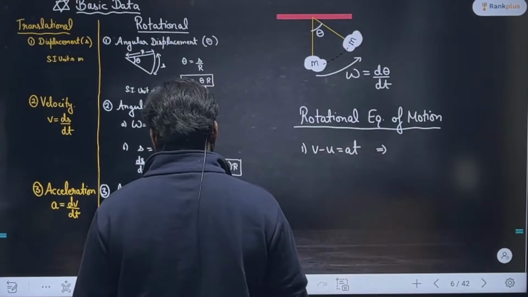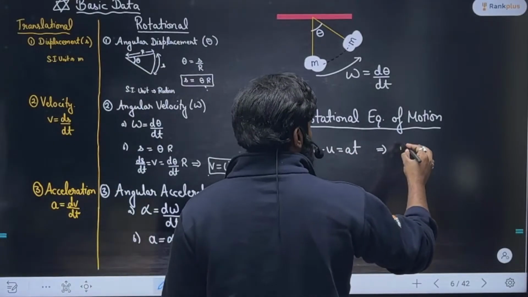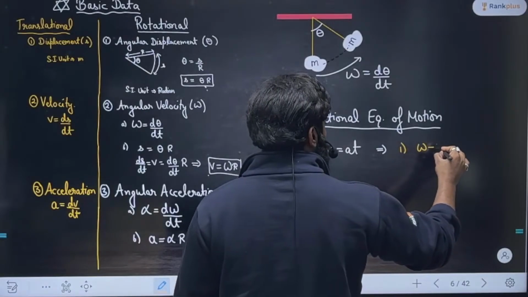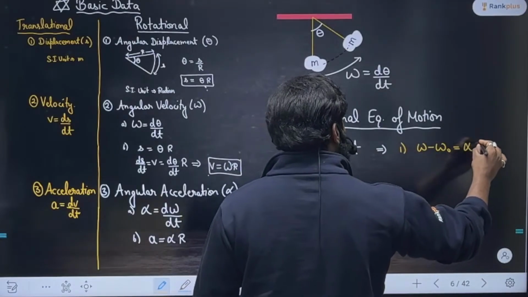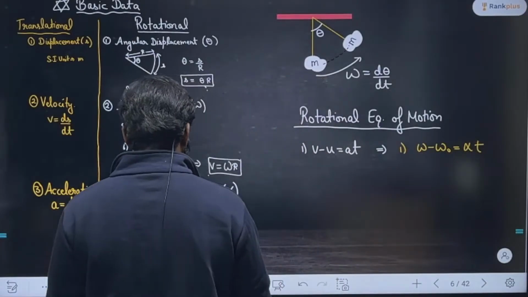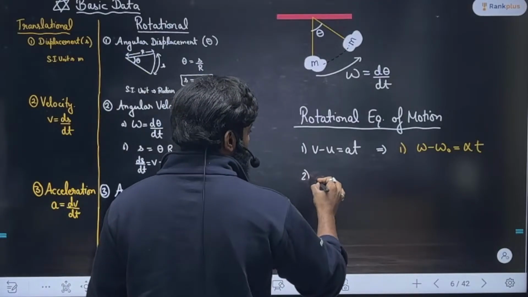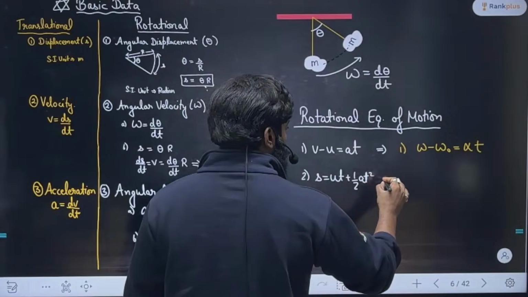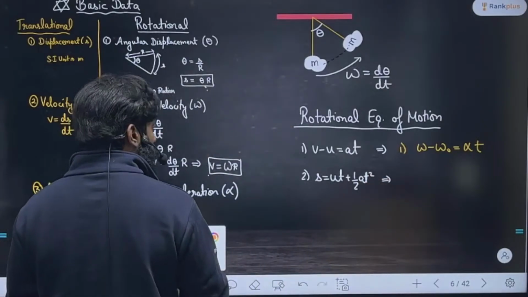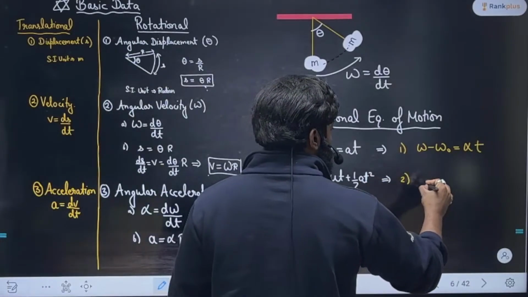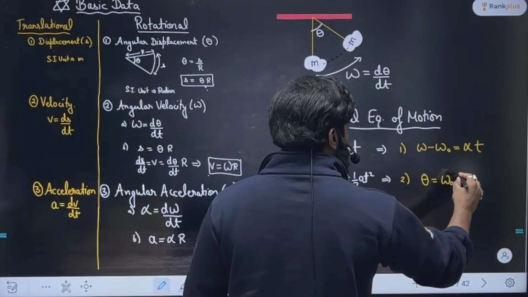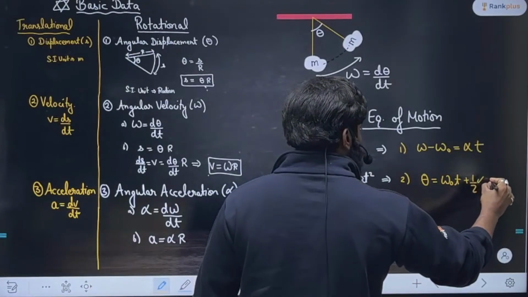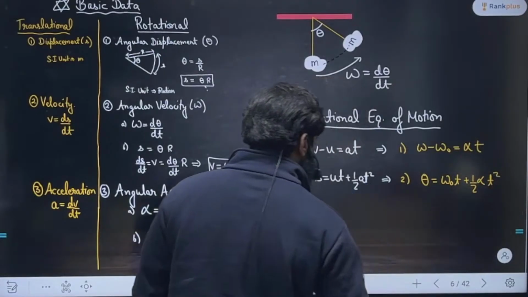The analogous to this in the rotational format is omega minus omega naught is equal to alpha t. Second one, S is equal to ut plus half at square. Analogous to this is theta is equal to omega naught t plus 1 by 2 alpha t square.